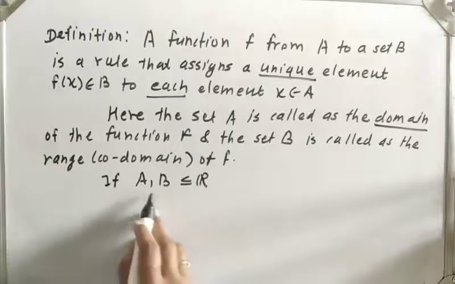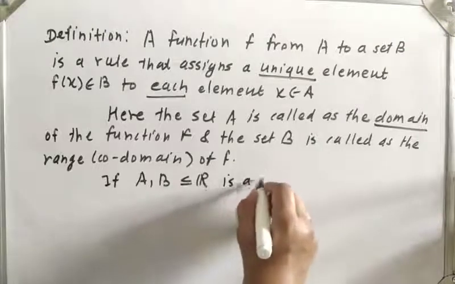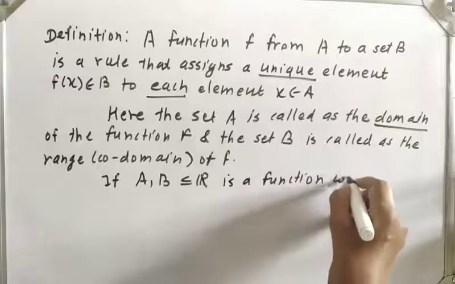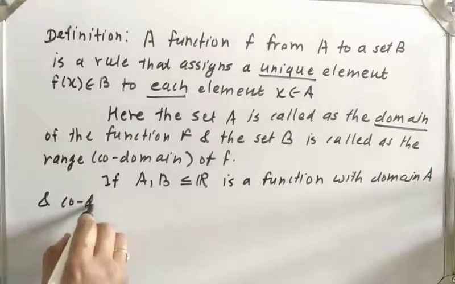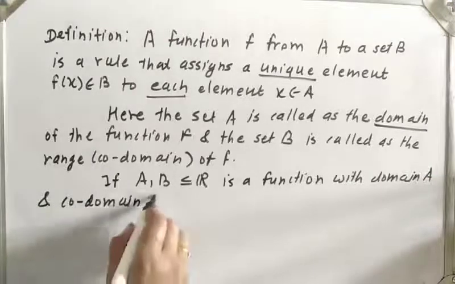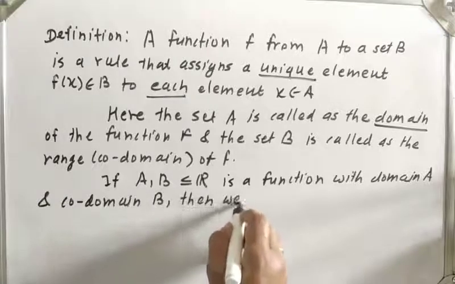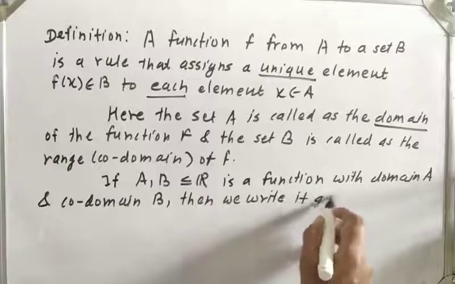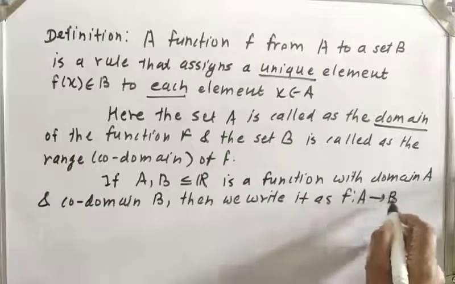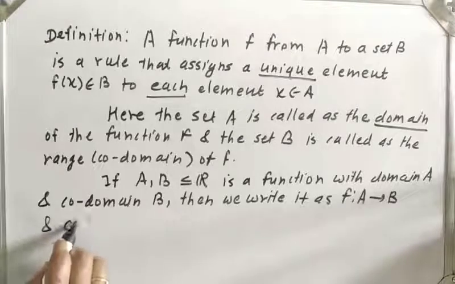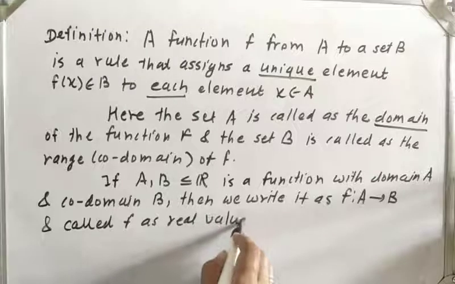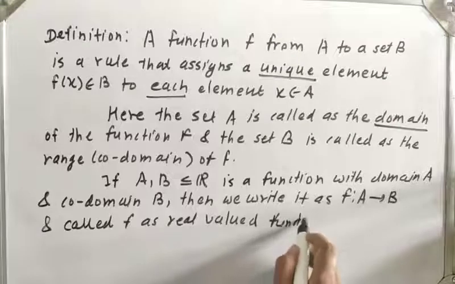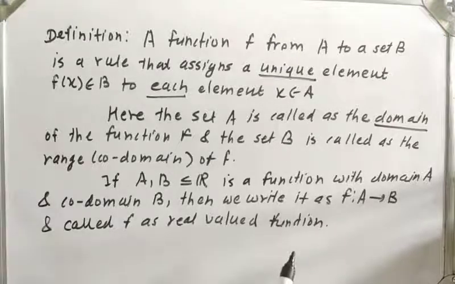If A and B are subsets of R, then f is a function with domain A and codomain B, and we write it as f from A to B, and call f a real valued function.